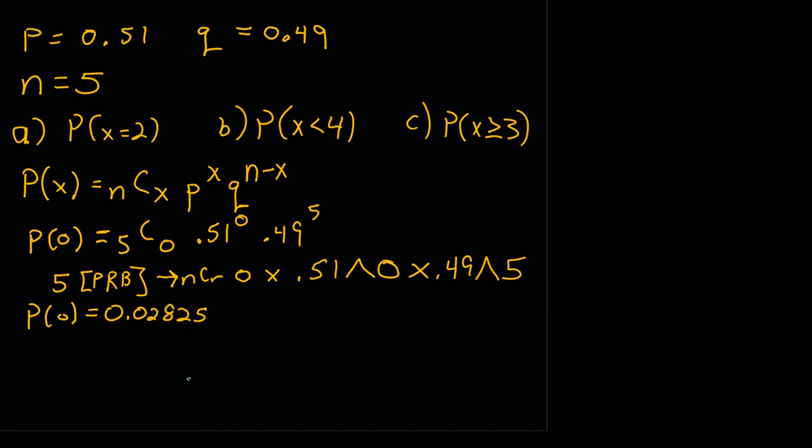I'm going to take it to 5 decimal places, and I'm going to continue building the table of values until I have all the probabilities.